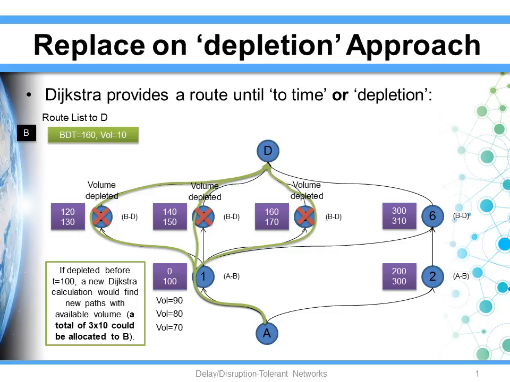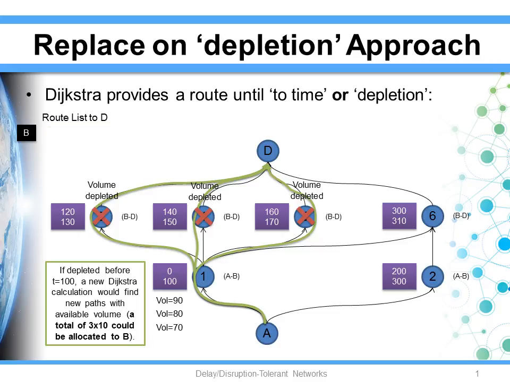So eventually, in a given traffic situation, this could imply that we could be sending 100 volume to node B when node B can only physically deliver to node D a total of 30. So the replace-on-two-time approach, which is the previous one, in theory, will be more congestion prone than this approach.